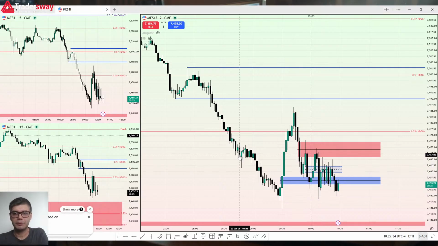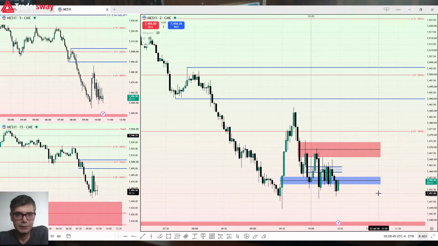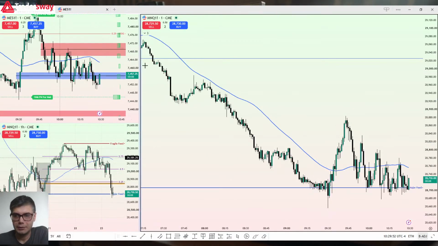I closed that order. It completely was about to close below it. I can re-enter that buy position and keep the loss very small. Let's look at NQ.